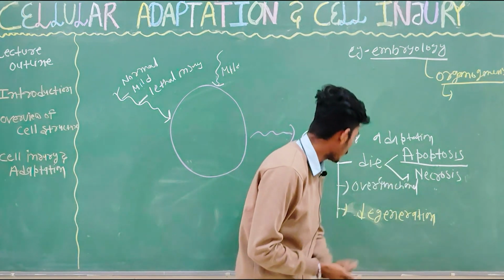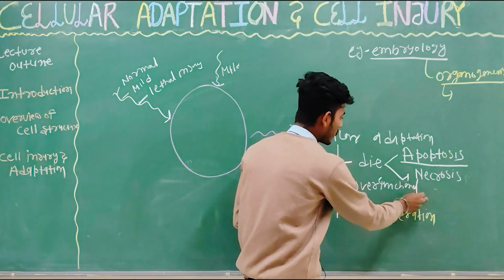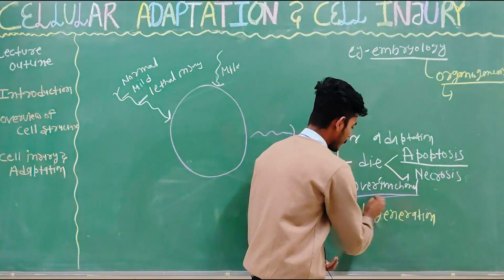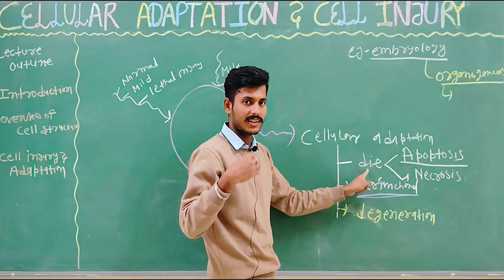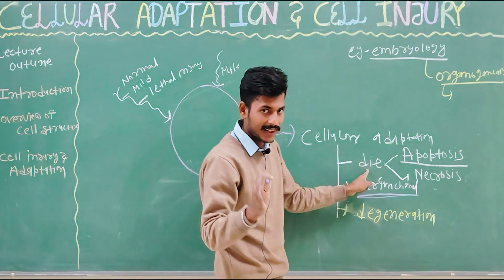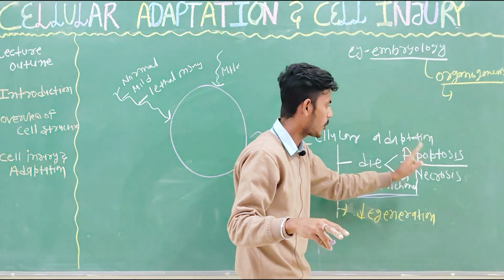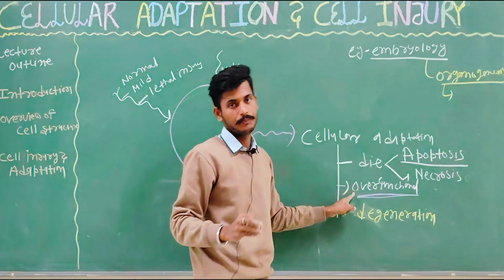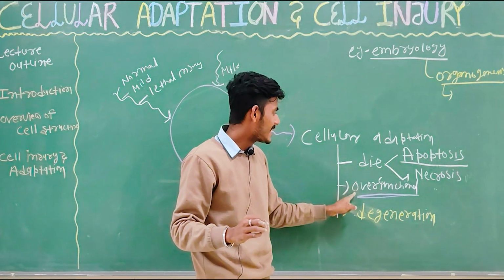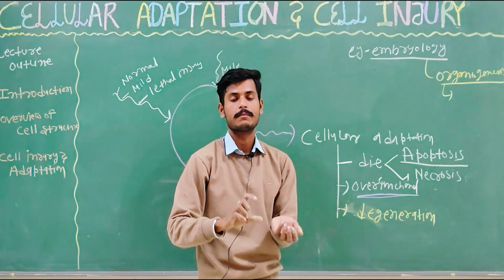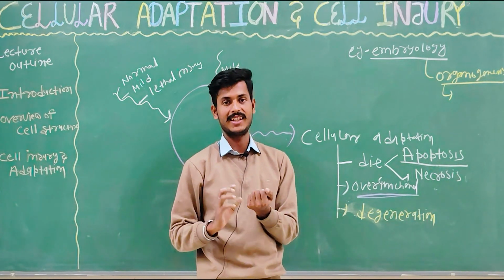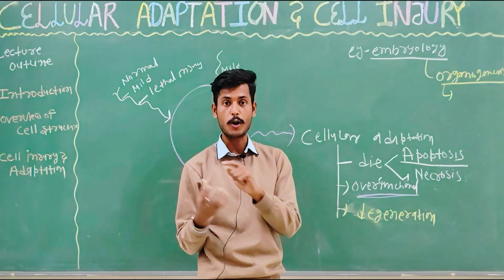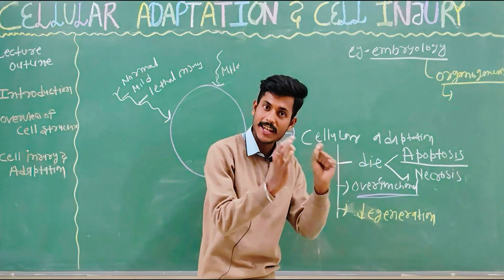Got it? Now coming to the overfunctionality of a cell. The first thing is, by getting injury, a cell can die, and die by two means, apoptosis and necrosis. Or by getting a milder or normal injury, the cell can adjust its processes. The cell can adjust itself according to the injury stimuli.